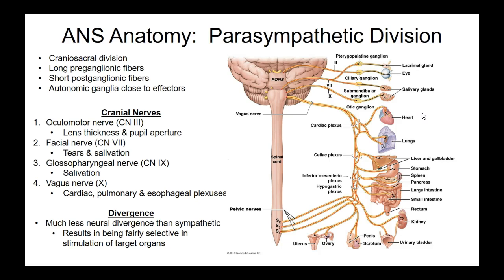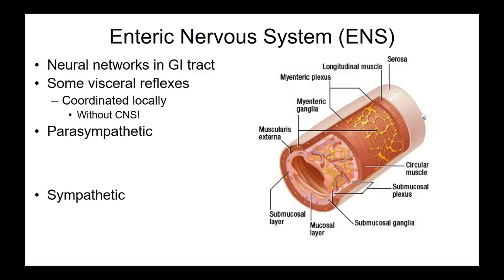So there's this duality between sympathetic and parasympathetic innervation. Now, I fibbed a little bit to you guys when I was saying that the central nervous system controls digestion through reflex arcs. Turns out that there's a huge network of neurons that are able to control the digestion. And that network is so extensive that a lot of neuroscientists call it the second brain.